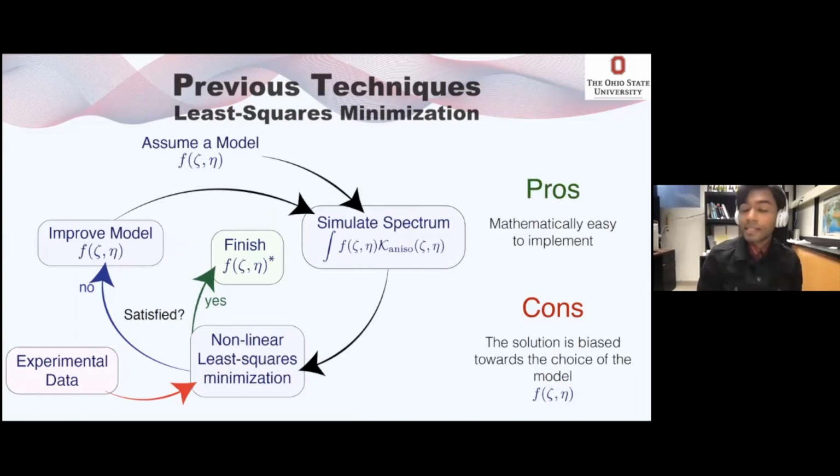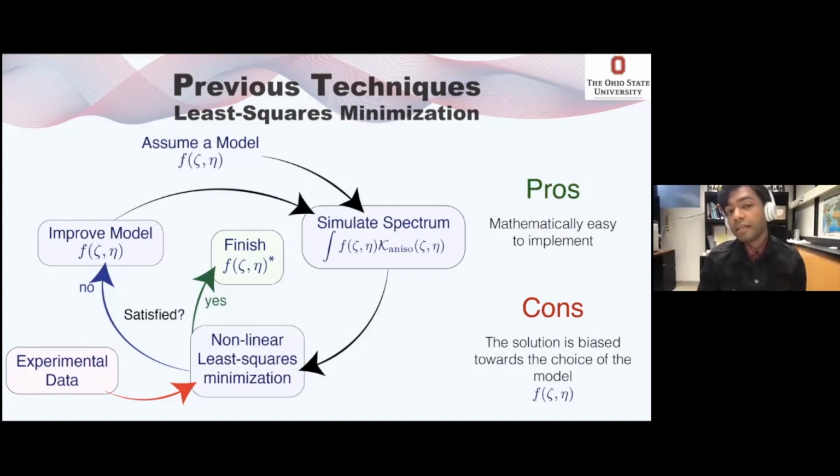And if you are satisfied with the result, you can finish, and that becomes the probability distribution that you determine. But if not, then you improve upon the model that you initially postulated, and then repeat this whole cycle until you find a satisfactory result.